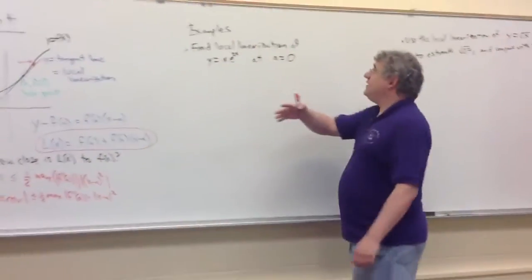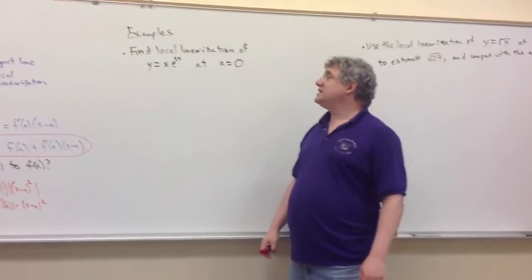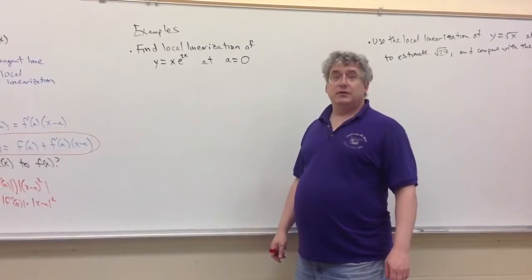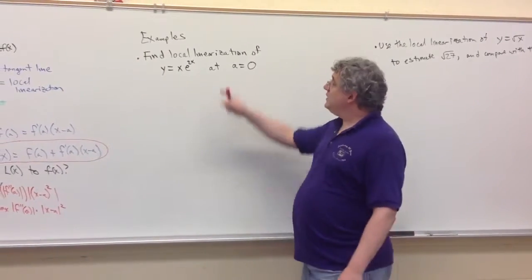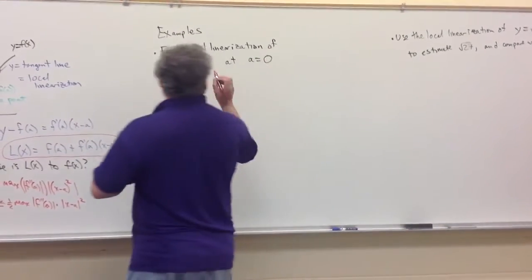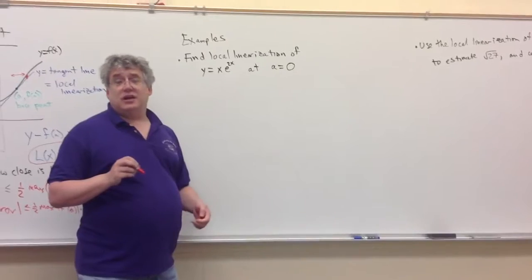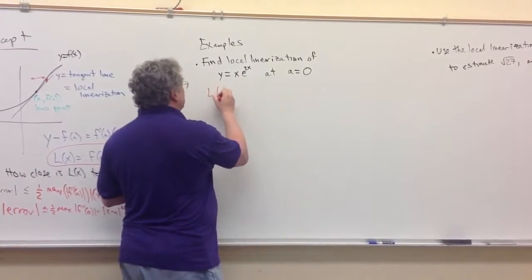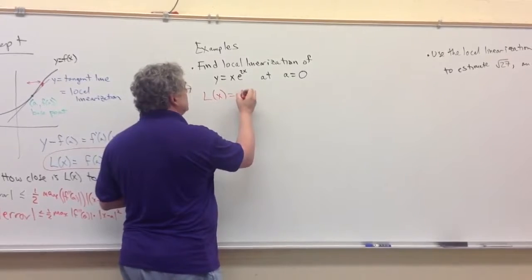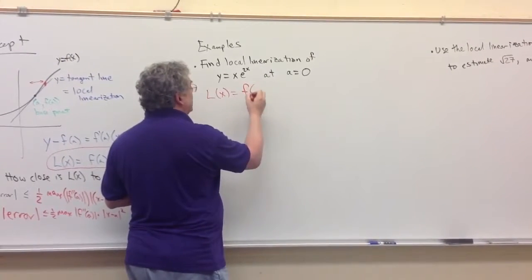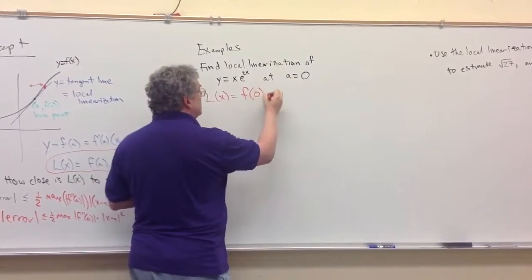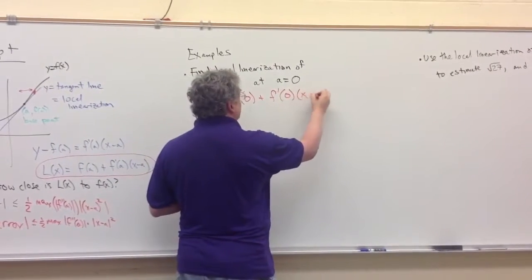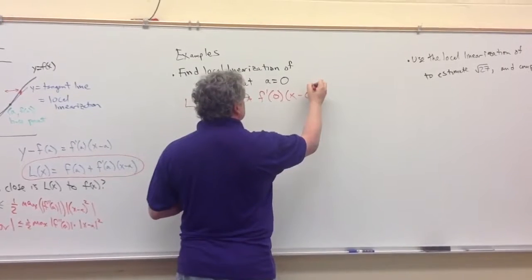Here's the first. Find the local linearization of y equals x e to the 2x at a equals 0. Okay, how do you do it? Well, the local linearization is essentially the tangent line, but we're not going to write it like a tangent line. We're going to write it as L of x is f at our base point, which is 0, plus f prime at our base point times x minus our base value for x.